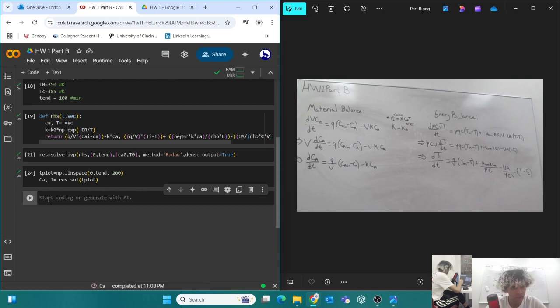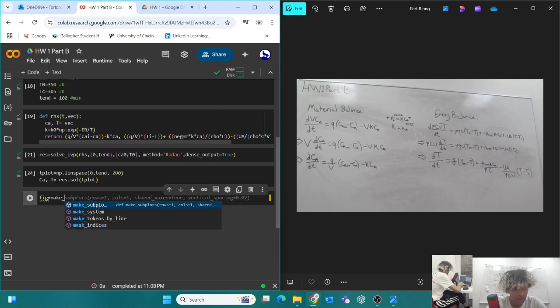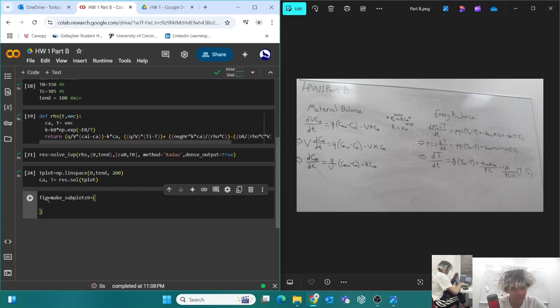But so now let's go and make the graph. So we need fig equals make_subplots. Oh, no. I did not mean for that. Oopsie. Dang it.